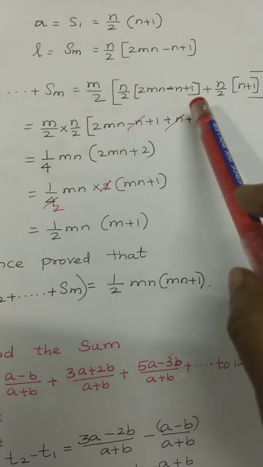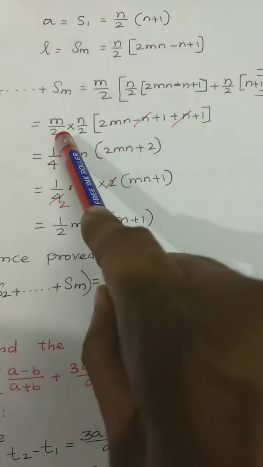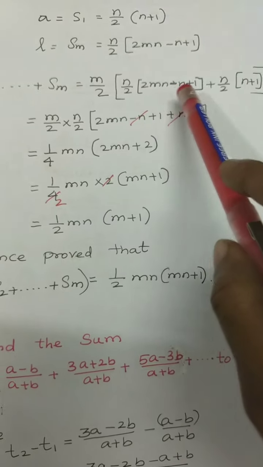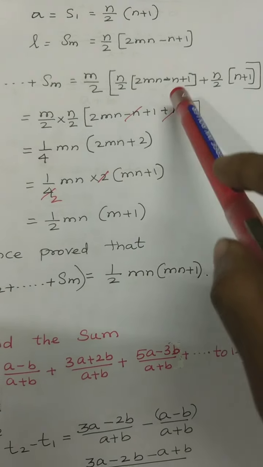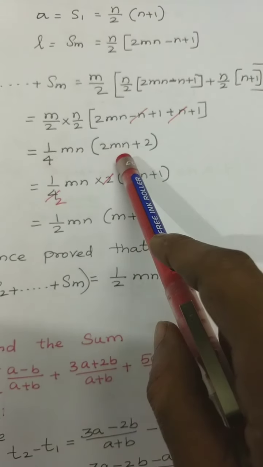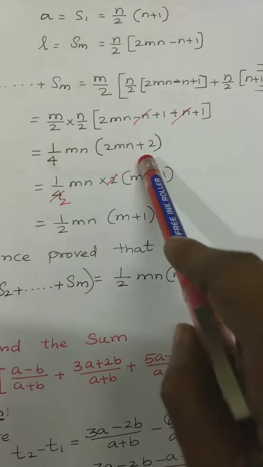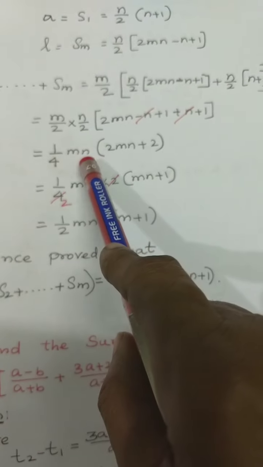Here we have to take n by 2 outside. In both terms we have n by 2. So n by 2 outside. Remaining is 2mn minus n plus 1 plus n plus 1. So minus n plus n gets cancelled. Then remaining is 2mn plus 1 plus 1, 2. So here m by 2, n by 2. So 1 by 4 into mn.